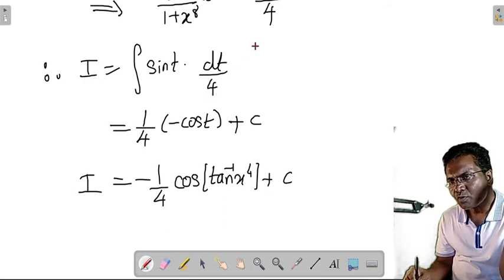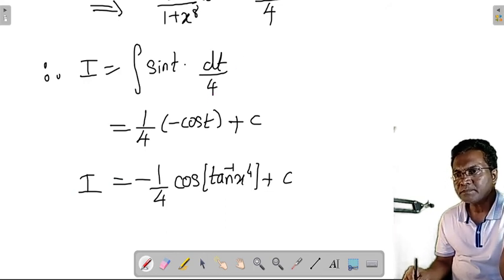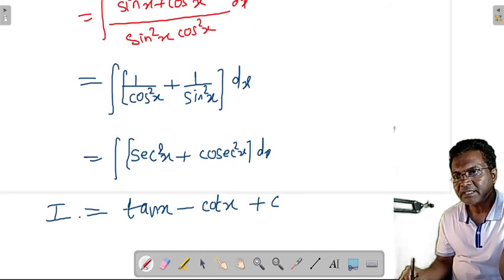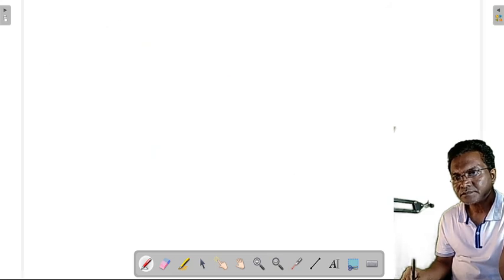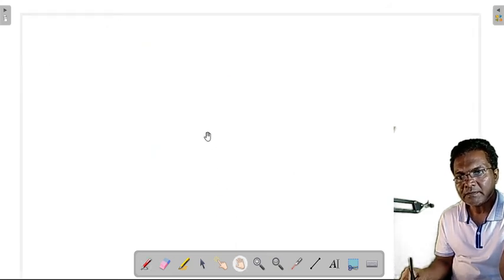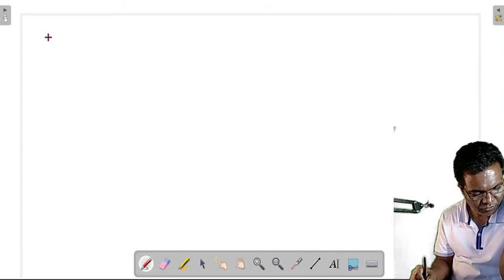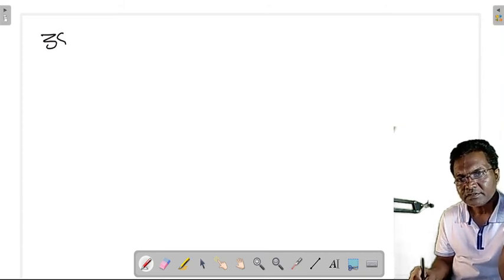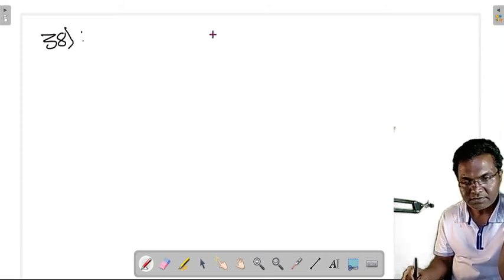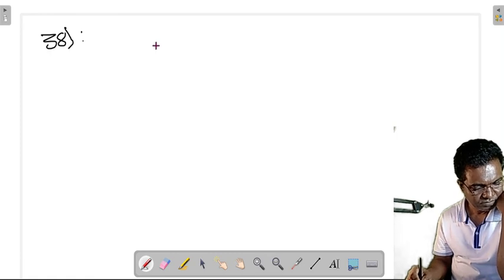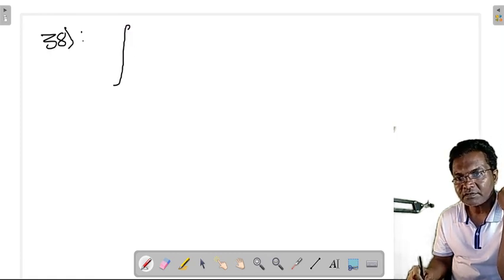There are two more objective type questions in this exercise. This is question number 38. You are asked for the correct answer for this.